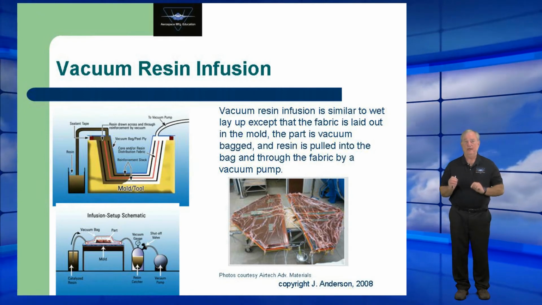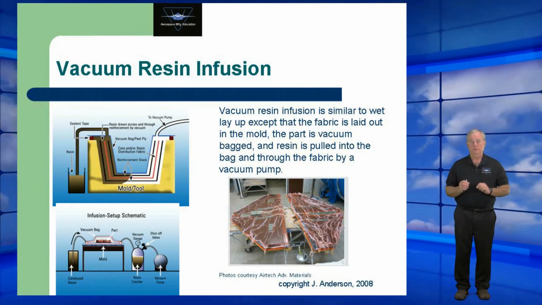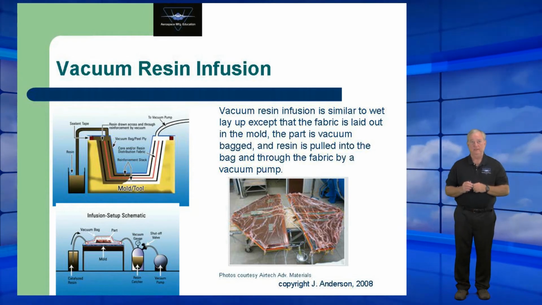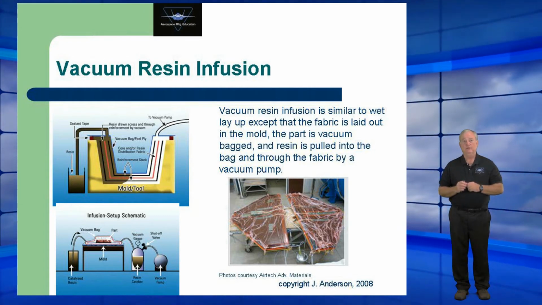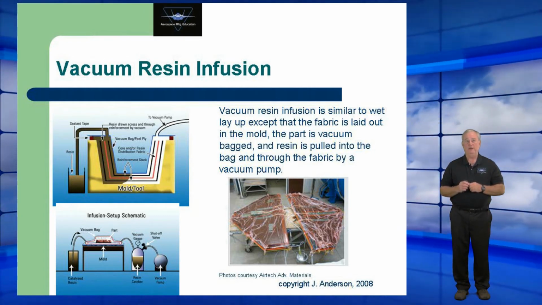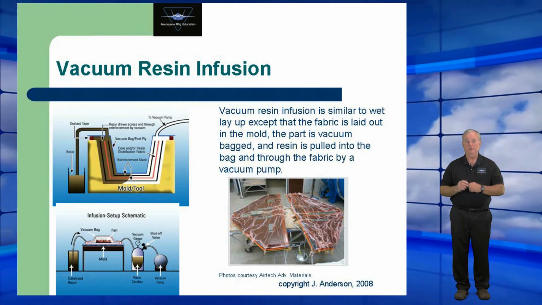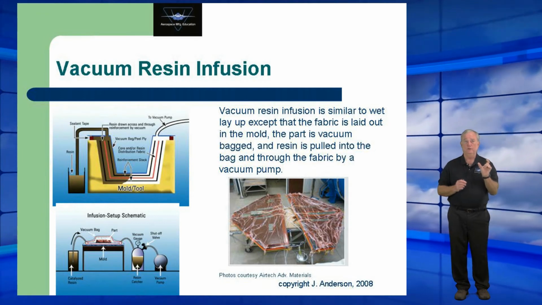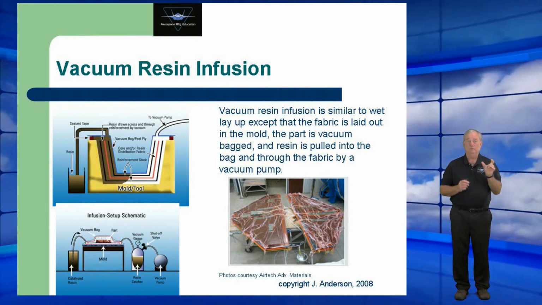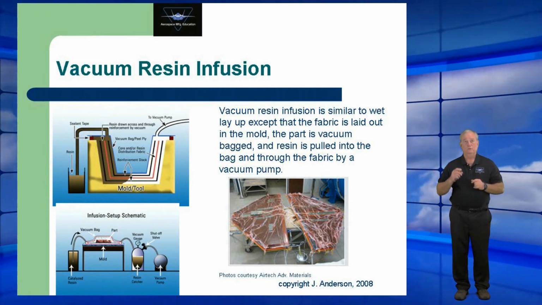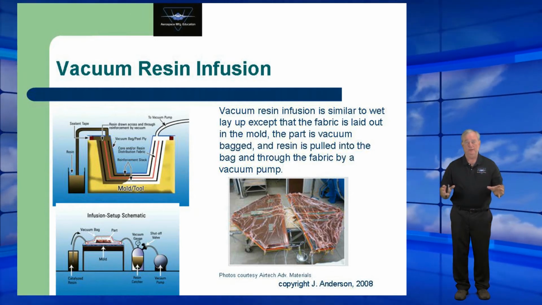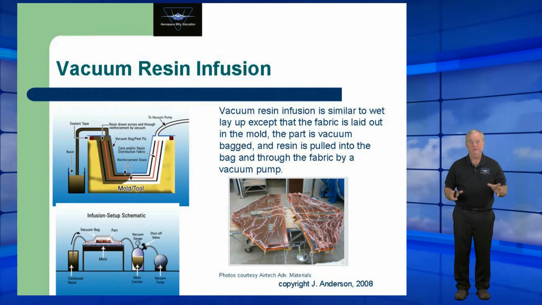We use a vacuum process where, if you look on the image on the top left side, you'll see a vacuum line coming out of the top right of the image, and a supply of resin over on the lower left. Well, the vacuum bag that covers this whole thing is airtight, or vacuum tight, I should say.